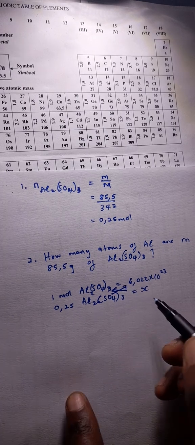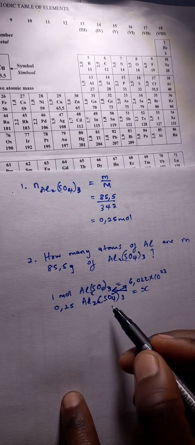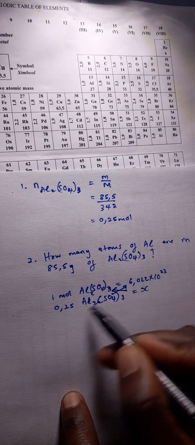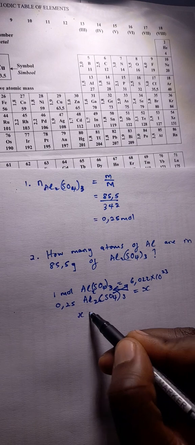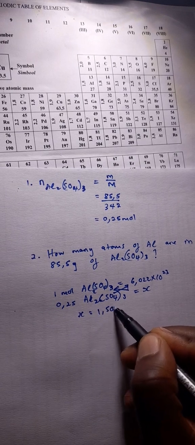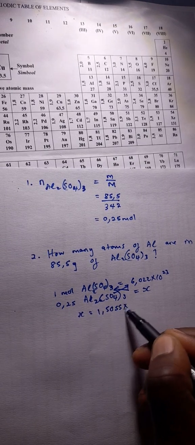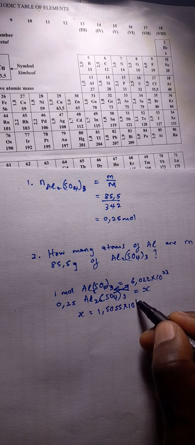Okay, when we cross multiply, you are going to have these multiplied by the number of moles. So this number of moles multiplied by 6.022 times 10 to exponent 23, I'm getting x to be 1.5055. I'm not rounding off because it's not my final answer.